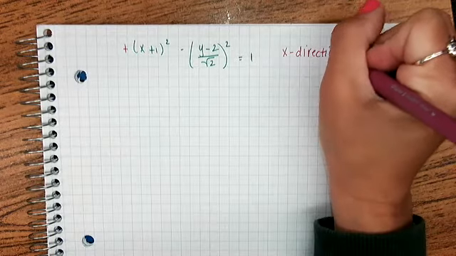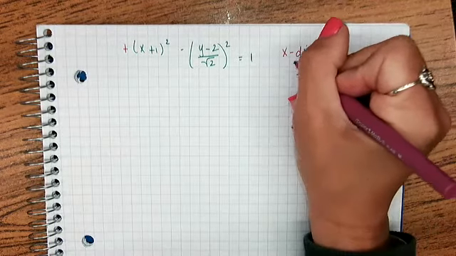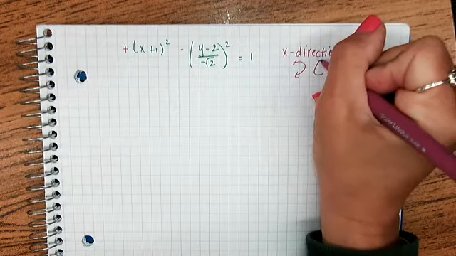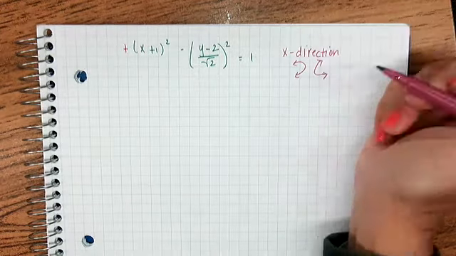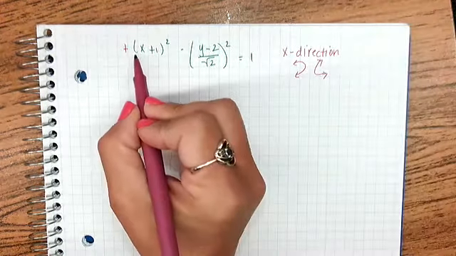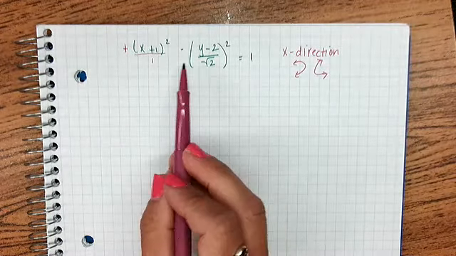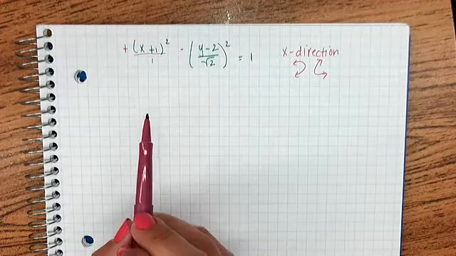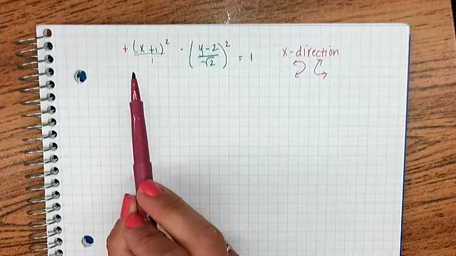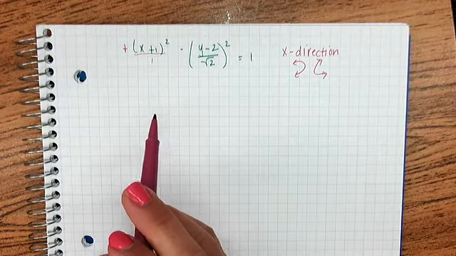This is an x direction hyperbola. It goes right and left. Technically, this is over 1, and root 2 is greater than 1. Who cares? It's what's positive, and that's the direction that it opens.